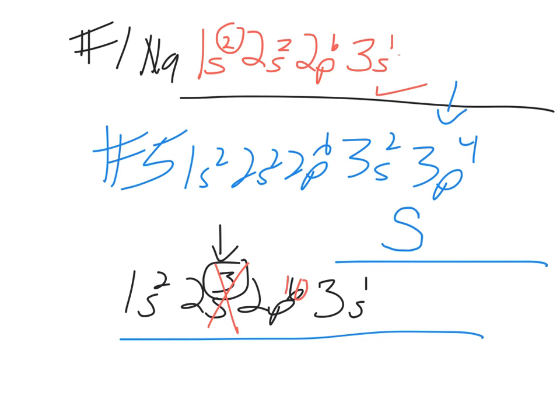Is that correct? No, because P can have up to only how many? 6. So one of them is incorrect, the other one is correct. You're going to tell me which one is incorrect. Especially that last one is going to tell you what element you're actually stopping at. The electron configuration is like the address of your element.